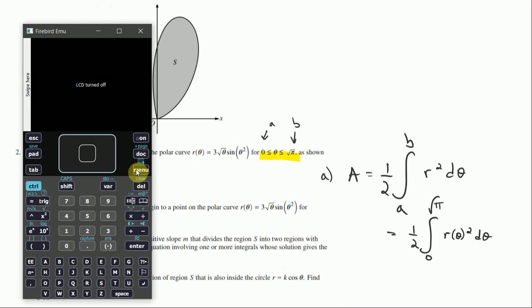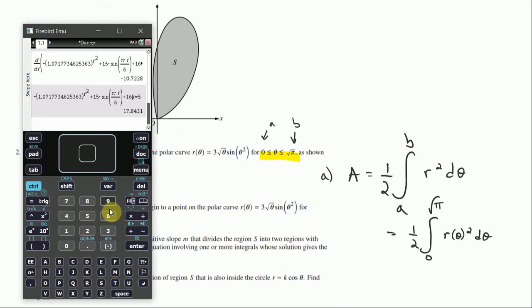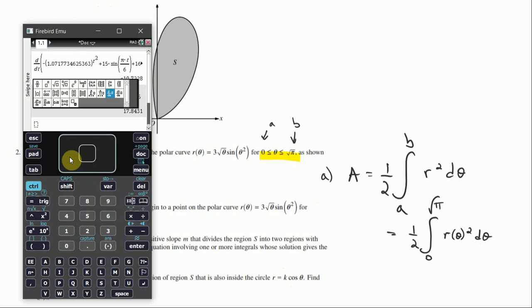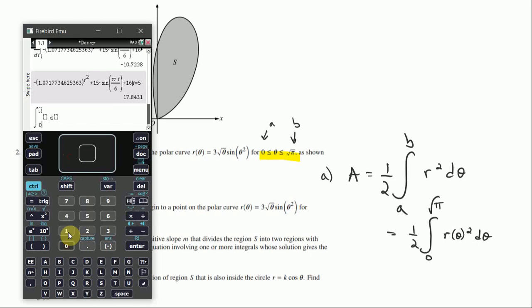And I'm not really trying to actually do that by hand, so I'll just get this out. What does that look like? The integral from 0 to square root of pi, and first, of course, remember to multiply by 1/2.